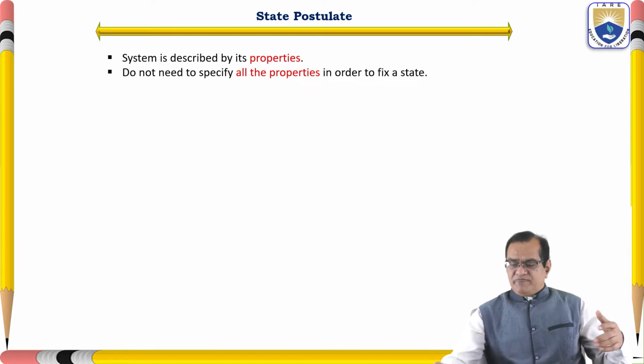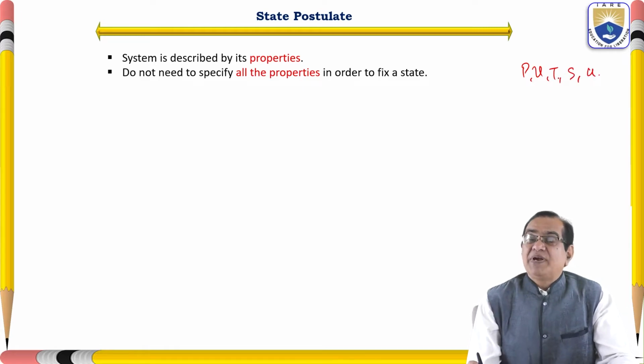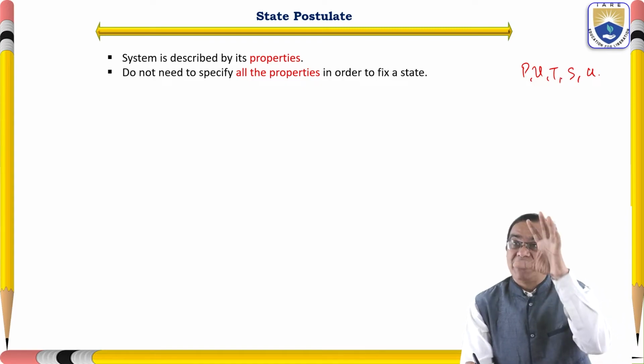We see P, V, T, S, and small u are all properties, but we don't need all of them to specify a particular state.